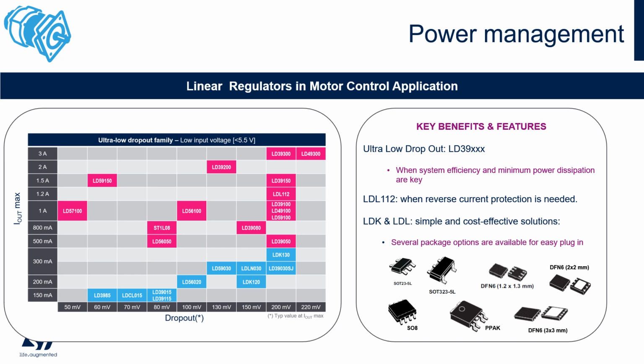On the right, you can see some suggestions of product families for different use cases. If you look, for example, for system efficiency and minimum power dissipation, our LD39X family could be right for you. If you just need a simple and cost-effective product, then you should consider our LDK or LDL families.